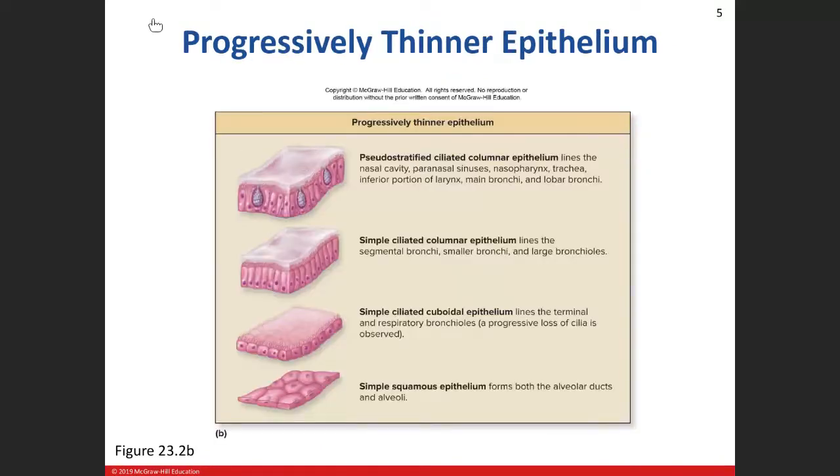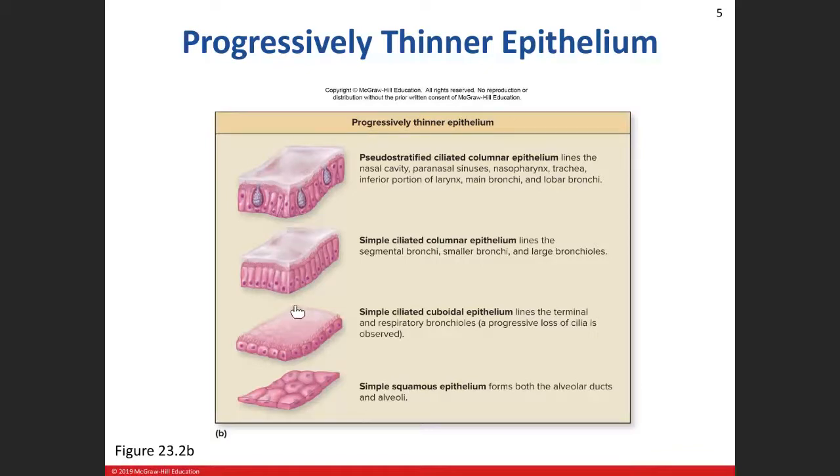This picture shows that progression of how our epithelium becomes thinner and thinner. See how that works? It makes sense physiologically, because eventually this is our filtration barrier. We want the gases to be able to diffuse nicely across this epithelium.